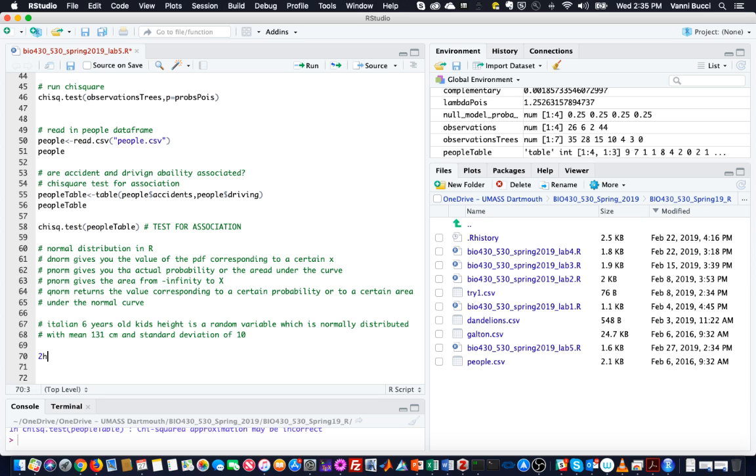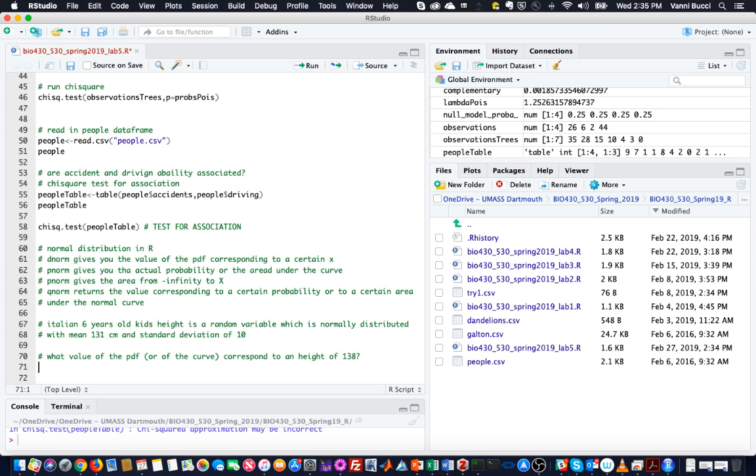So what value of the PDF or of the curve corresponds to a height of, let's say, 138?